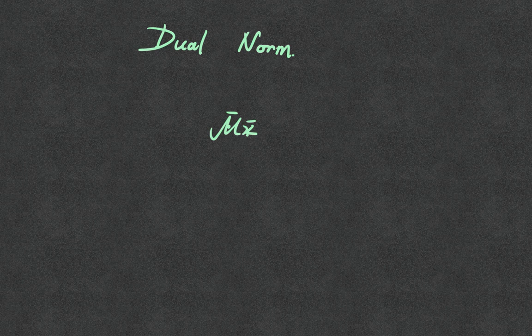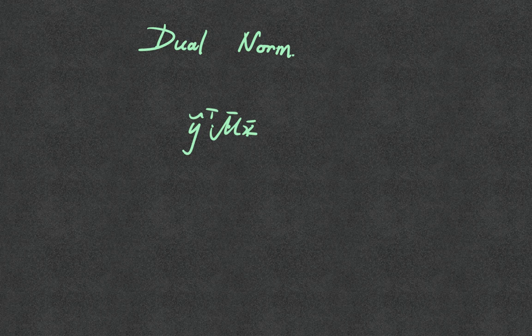Now here, there are a few things I want to talk about. We need to talk about the inf-sup condition, which we haven't even talked about. But before we introduce that, we need to introduce another concept called the dual norm. And then we want to introduce the idea where you not only consider the operator M applied to X, but also what happens to the Y part on the left-hand side.